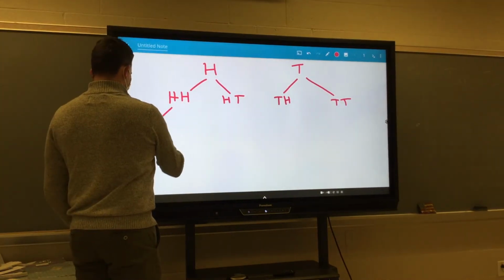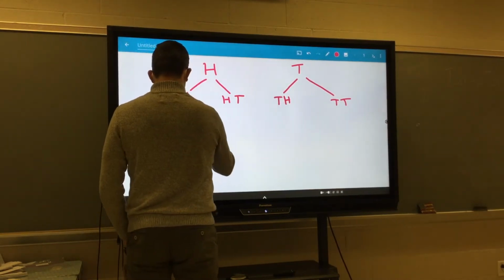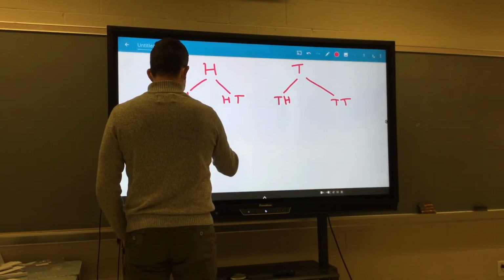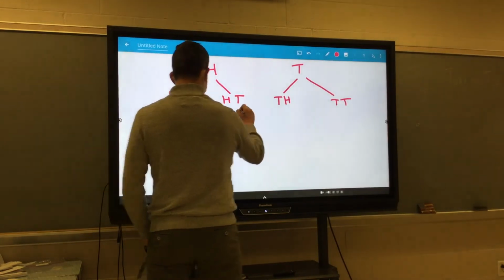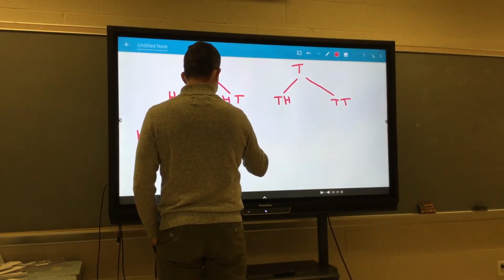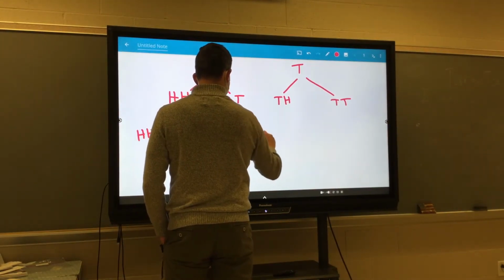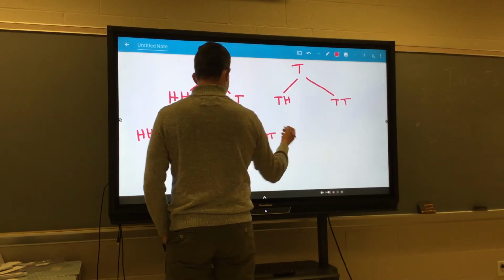Third flip, heads, heads, heads, heads, heads, tails, heads, tails, heads, heads, tails, tails.